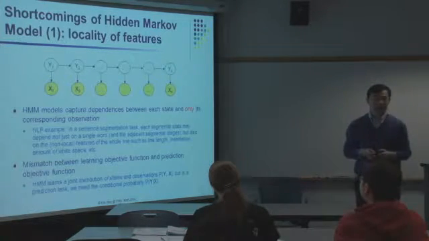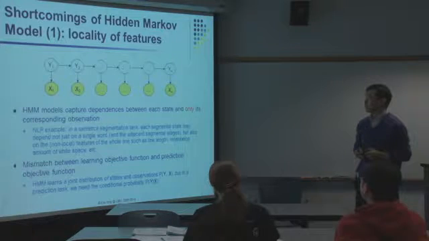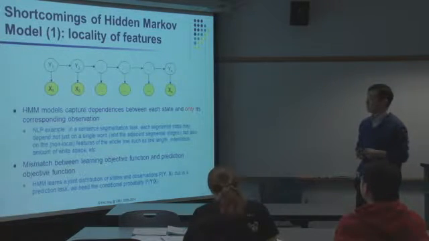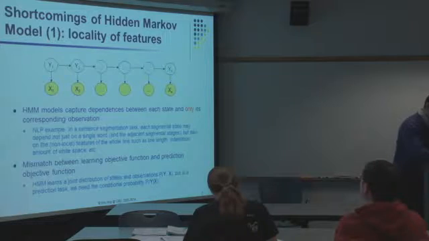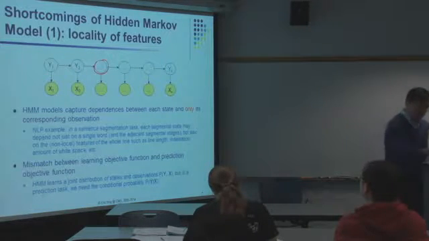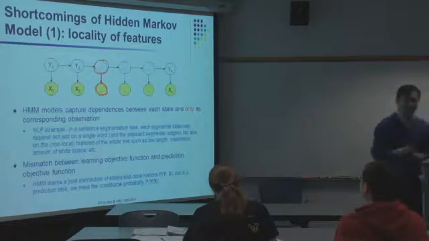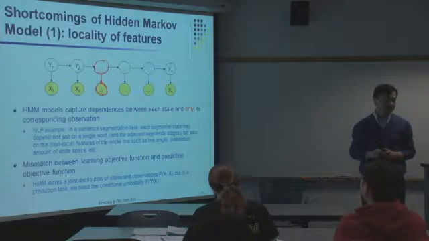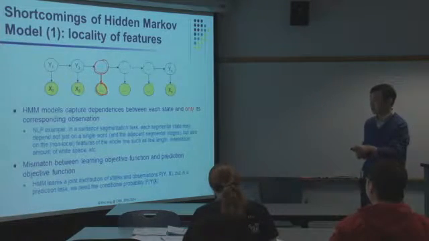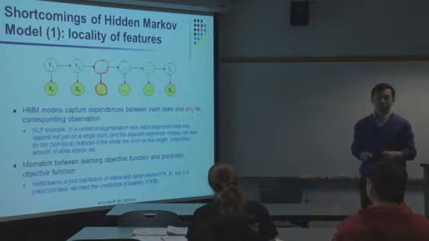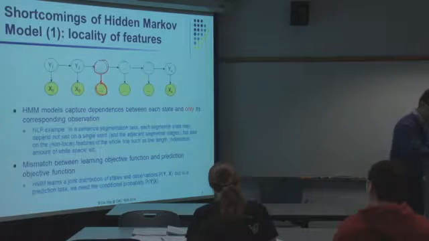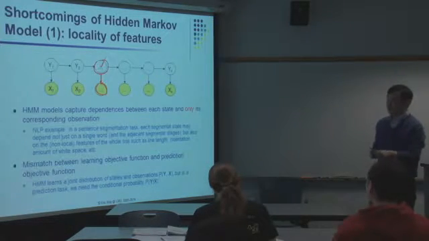One of the major complaints people had about HMM is that, at every stage, by definition, it is going to generate a very localized observation. If you imagine this is a natural language application, then you can only generate a single character or a single word from a given state, which also means that, at least directly, this one is only dependent on this one.